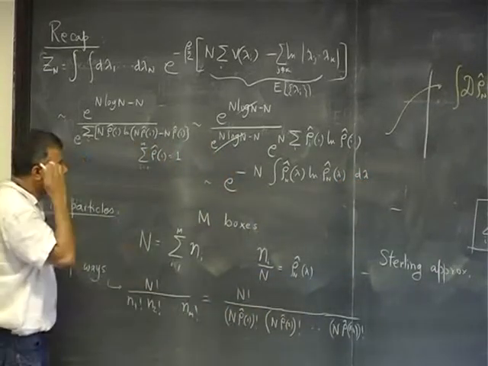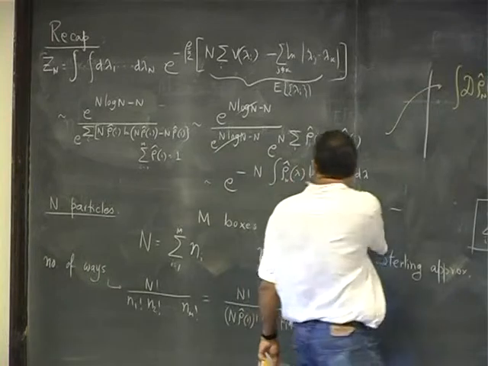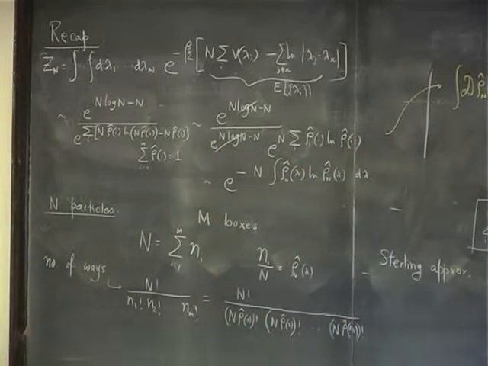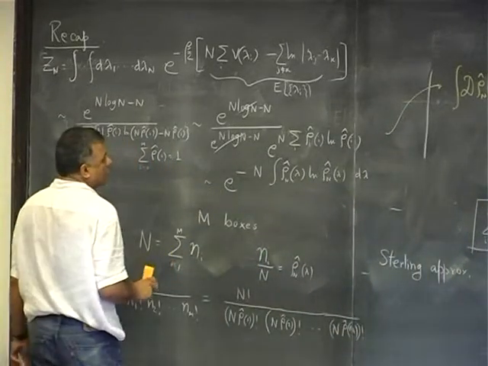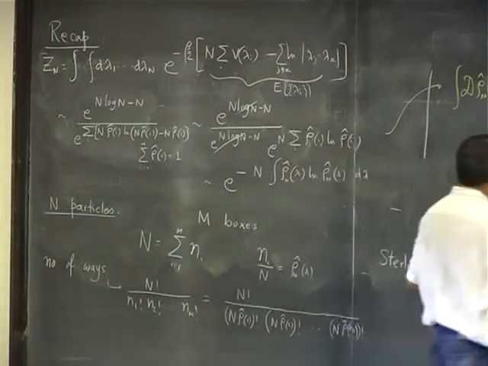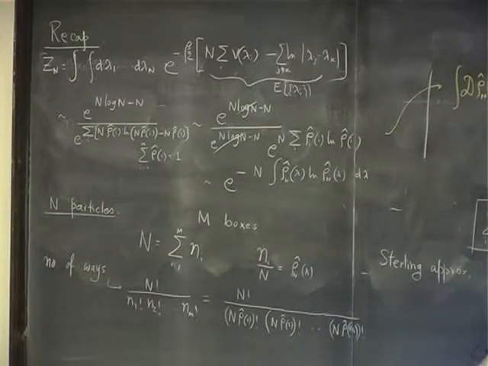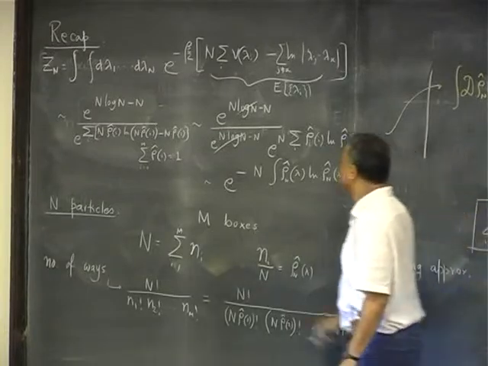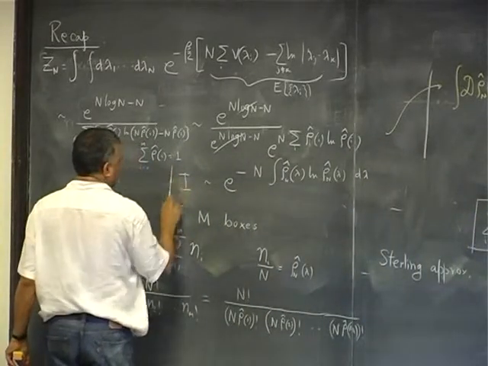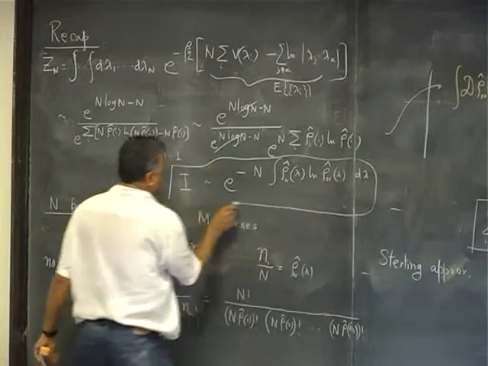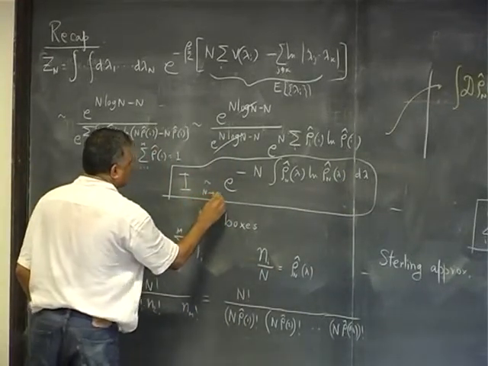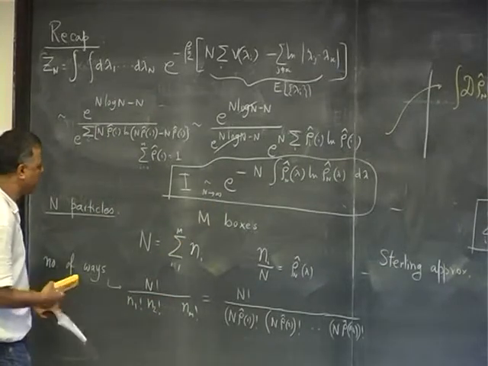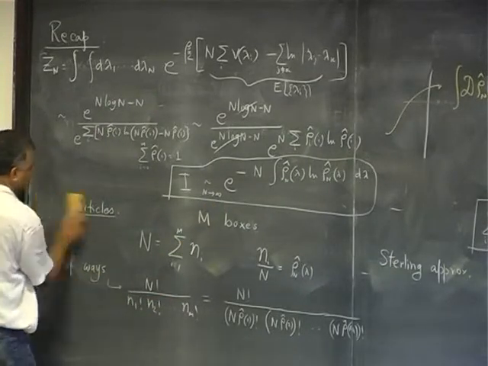As you pointed out correctly, the entropy term looks almost similar to the self-energy term, but they come with different prefactors, as we'll see. So basically what we did here is to evaluate this term. If I call this term I, then all I'm saying is that this integral effectively has this behavior in the large n limit. Okay? Very good.